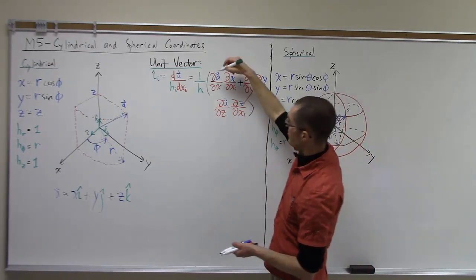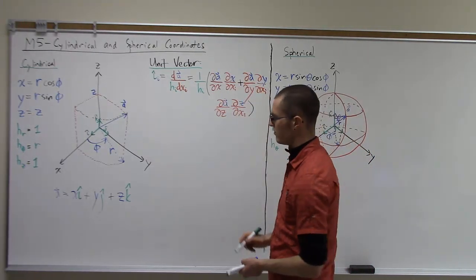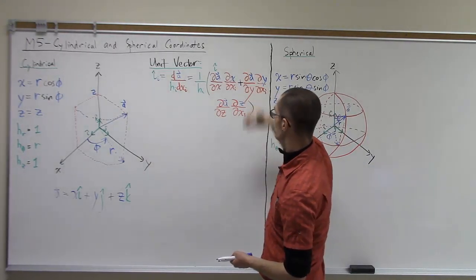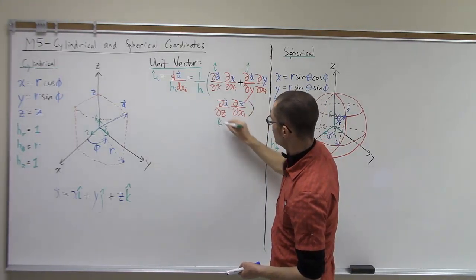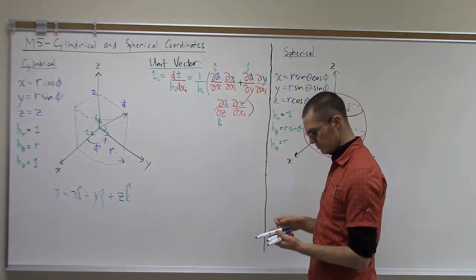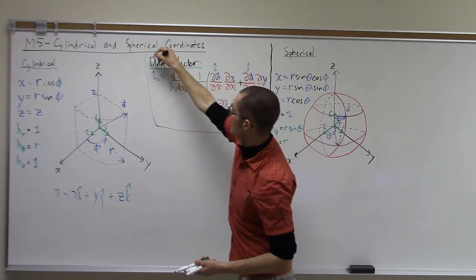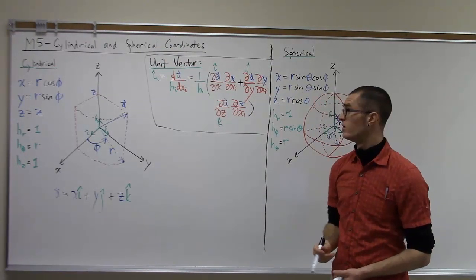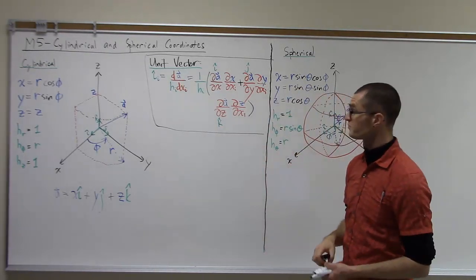This simplifies a little bit because these terms we already know from our unit vectors in the Cartesian coordinate system. So this one corresponds to i, this is j, and this is k. So it's really only these derivatives that we have to evaluate each time. So I'll put a box around that. This applies to any coordinate system, assuming that we know the scale factors for that coordinate system.